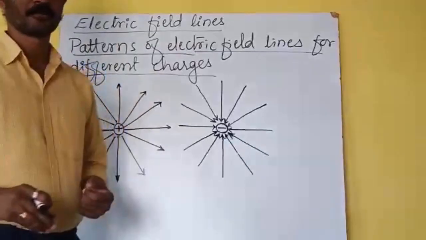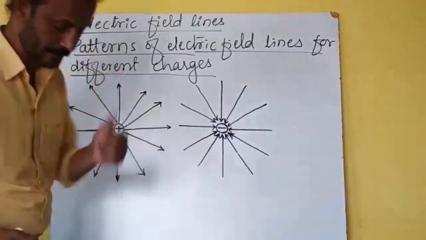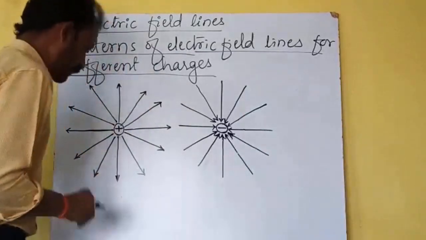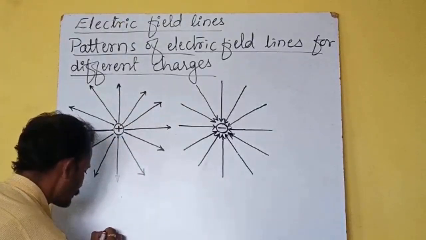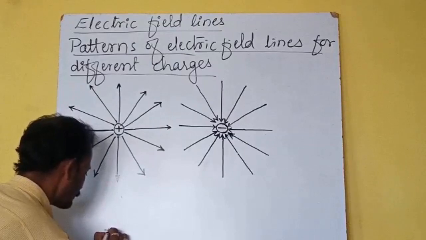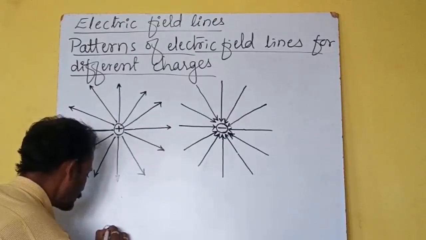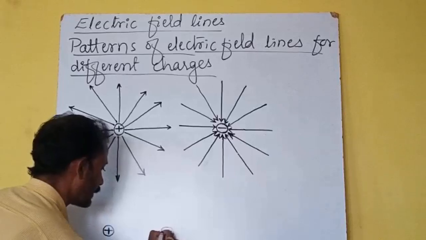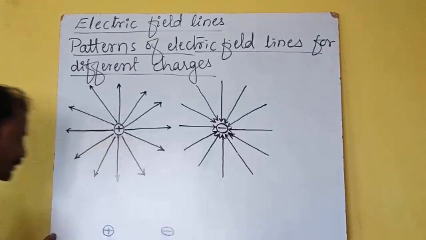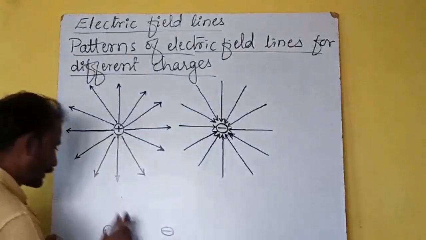So in case of unlike charges, a system of unlike charges, consider one positive charge and a negative charge. This is a system of unlike charges.